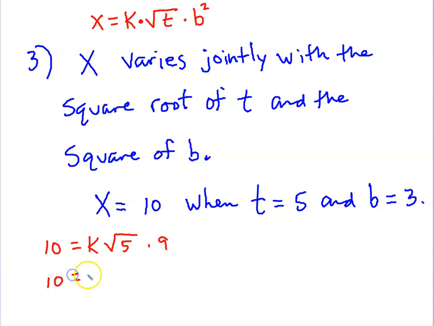So 10 is equal to 9 times the square root of 5 times k. All right, so you might want a calculator for this one. So to find k, we're going to have to do 10 divided by 9 times the square root of 5. So I'm going to grab my calculator.